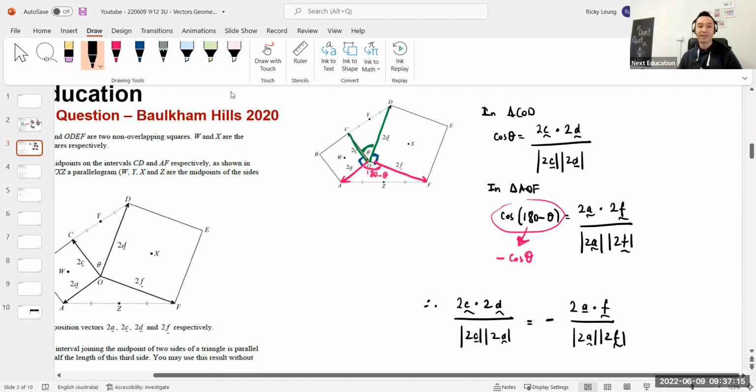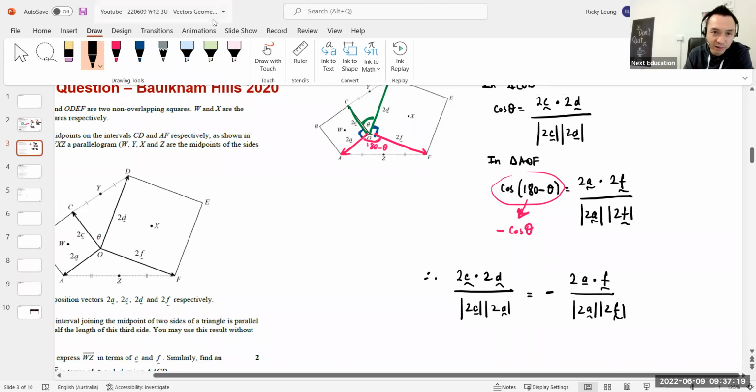Now, at this point, what I really want is two things. One, the top numbers of 2 times 2. Oh, I'm missing a 2 there for the F.